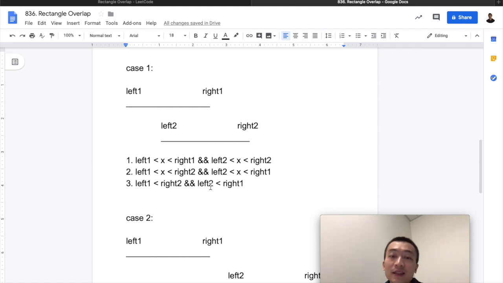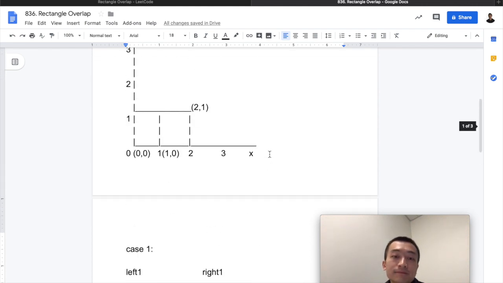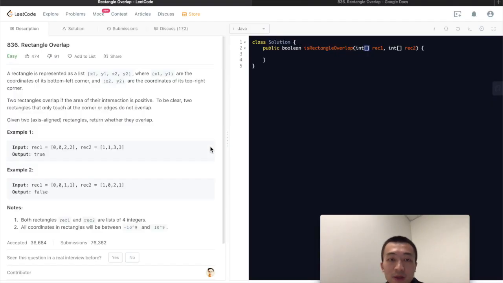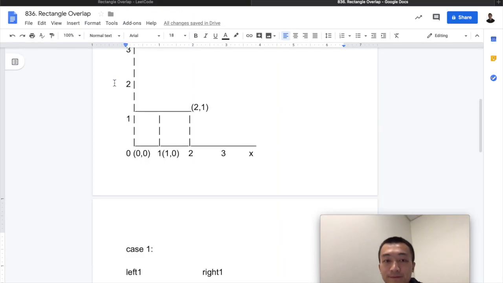All right, this is on the 1D plane, and with this understood, we can extend this to a 2D plane. How can we identify a rectangle on the 2D plane? As this problem says, we use 2 points. One is the bottom left, the other is the top right. So basically we can think about the rectangle on the 2D plane as just a shadow.